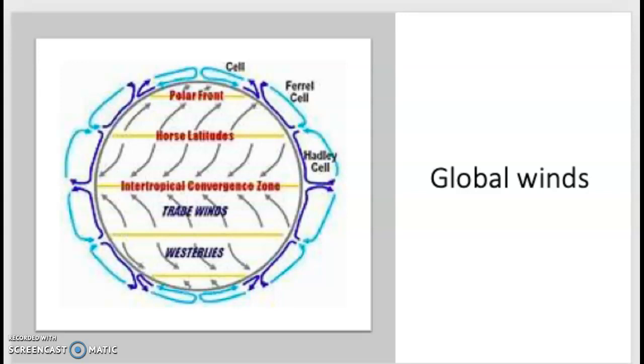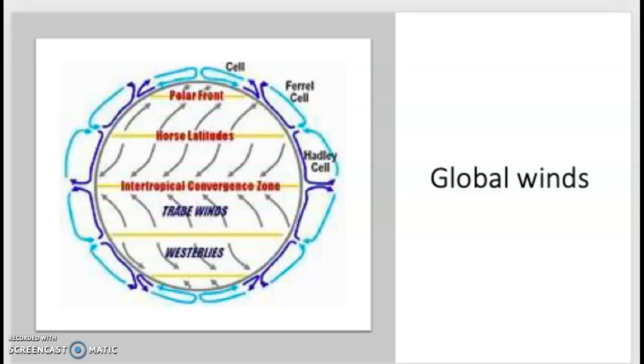So when we have these global wind patterns, they become big conveyor belts that transfer heat, but they also transfer moisture. So when you have temperature and precipitation, we looked at this last unit, you have a climate pattern, and climate patterns determine patterns of biome distribution.